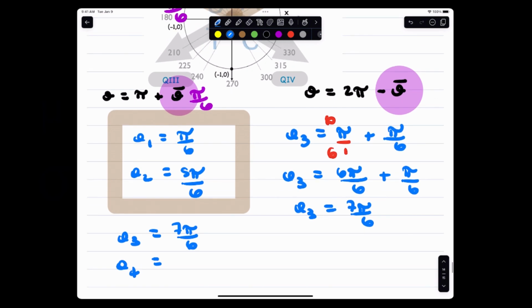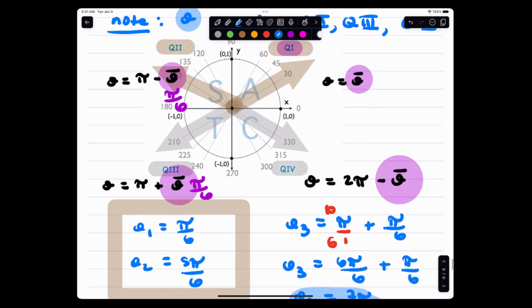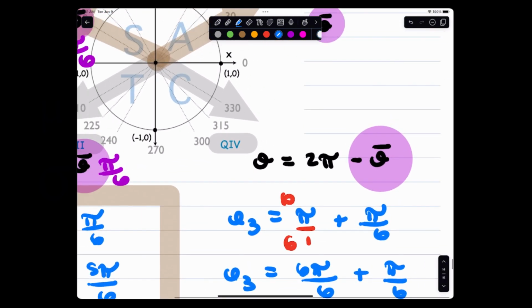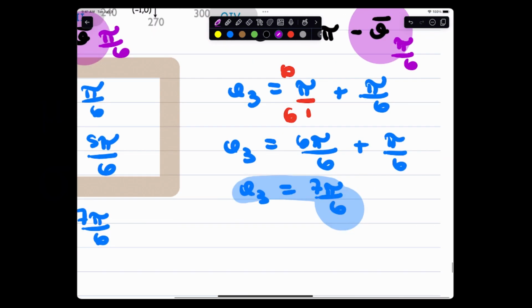Now we got to get the fourth solution here. And you might say, well, how do we get that fourth solution? Well, we got to do this arithmetic. We got to plug in for the reference pi over 6. So it's 2 pi minus pi over 6.